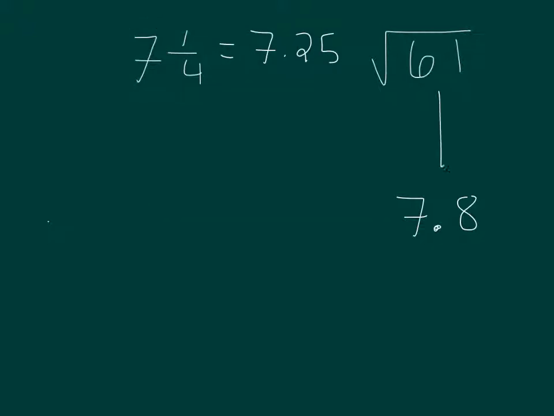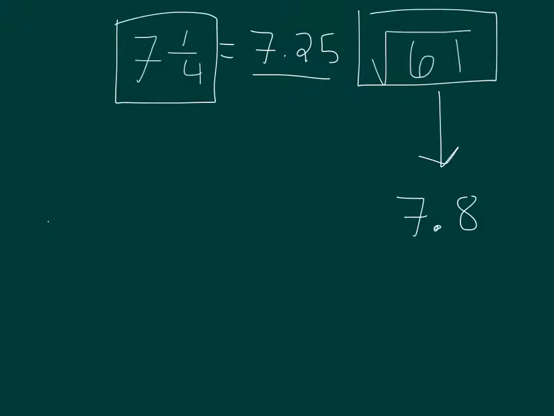Now I know the approximate value of one of my numbers and the exact value of my other number. I can now compare these two numbers. Which is greater, 7 and 1/4 or the square root of 61? Well, I want to look at the tenths place value when I turn them into decimals. Which tenths place value is larger, the 2 or the 8?